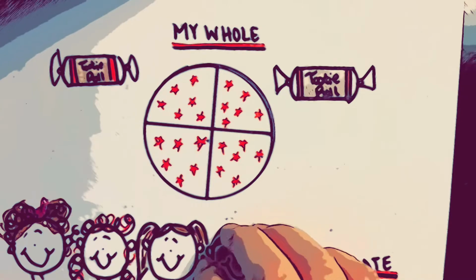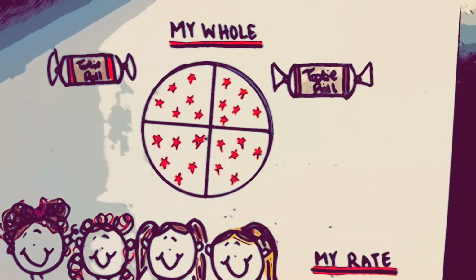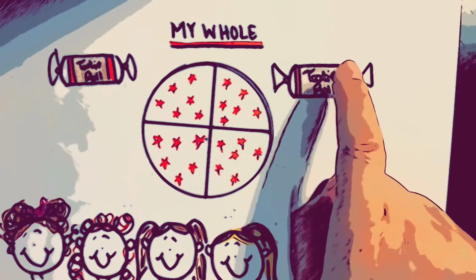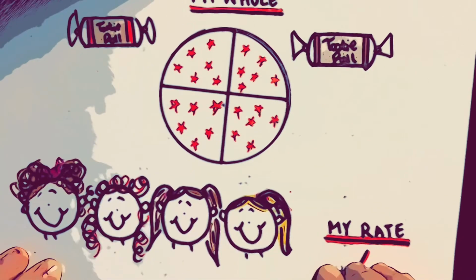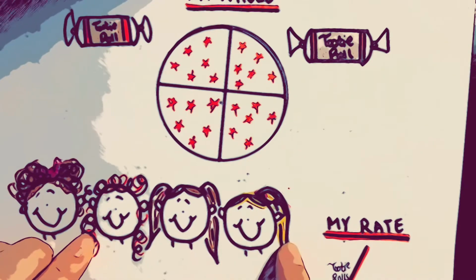And for a little context, let's say I have 24 Tootsie Rolls and 4 friends, or 6 is the size of my set of Tootsie Rolls, and I have 4 in the group that I need to disperse them amongst. I can demonstrate this by simply drawing my friends.